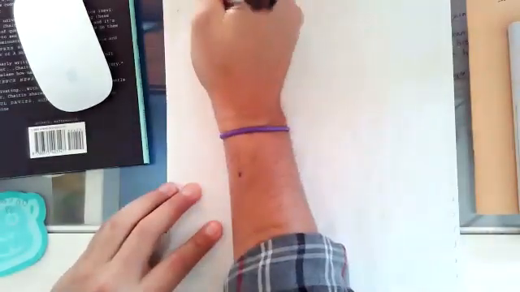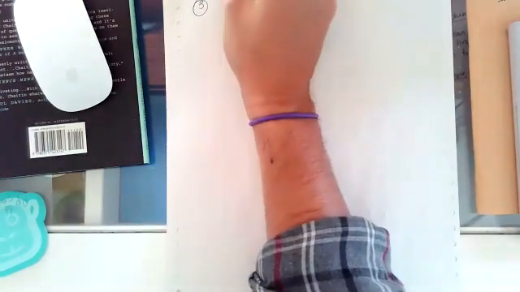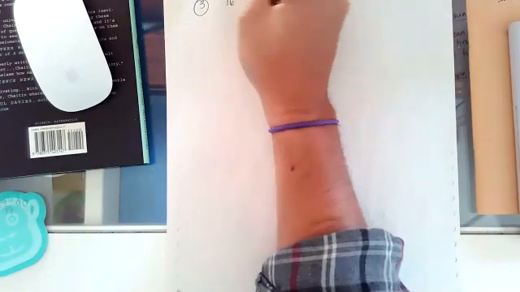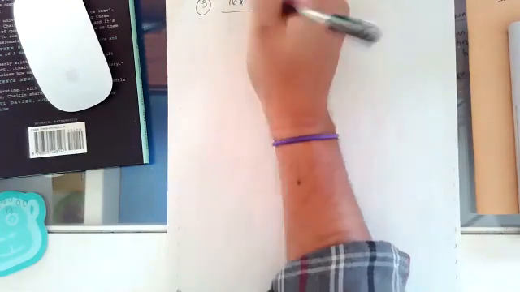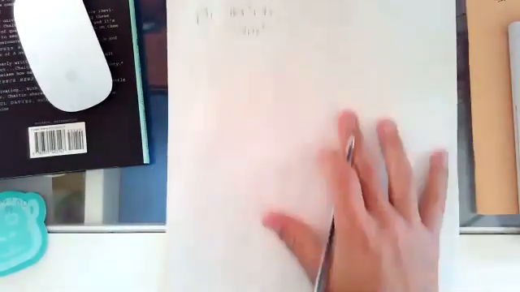Another one where we have to factor the expressions. (16x to the third power plus 4x) over 20x squared. Whoop, there you go.